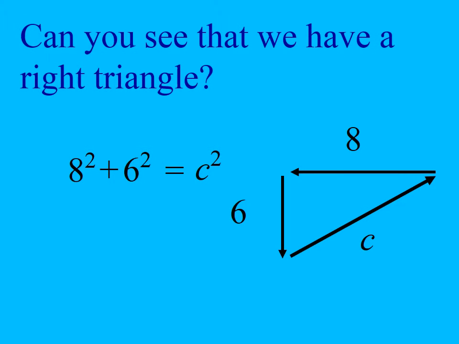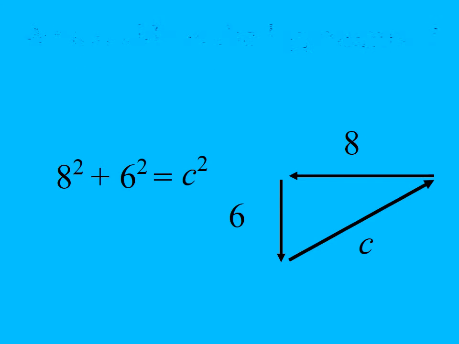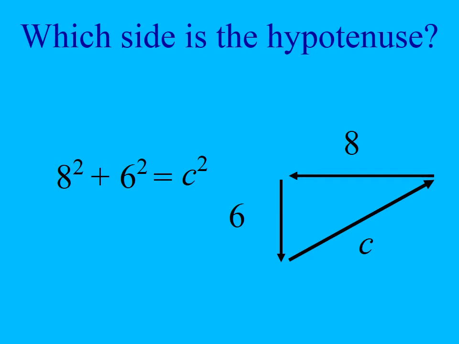Why? Can you see that we have a right triangle? Which side is the hypotenuse?